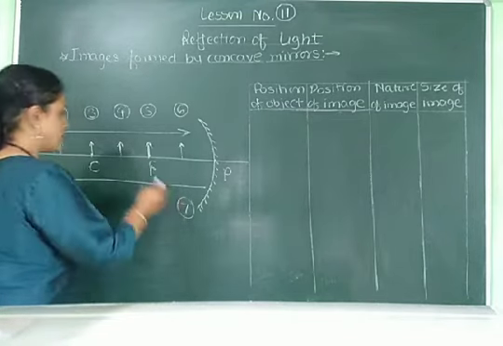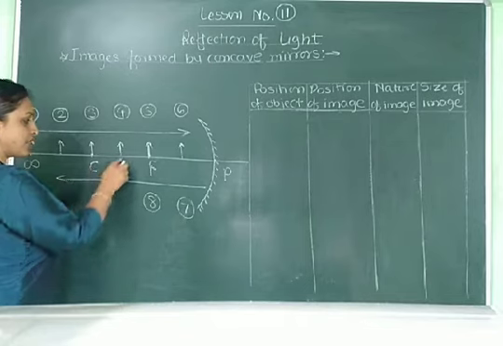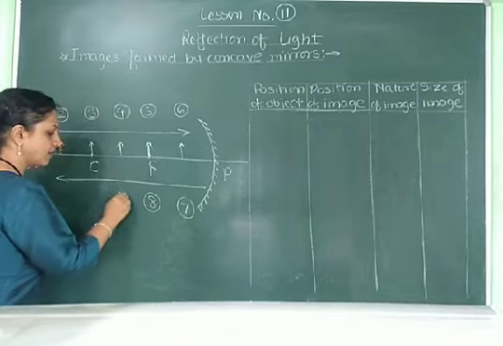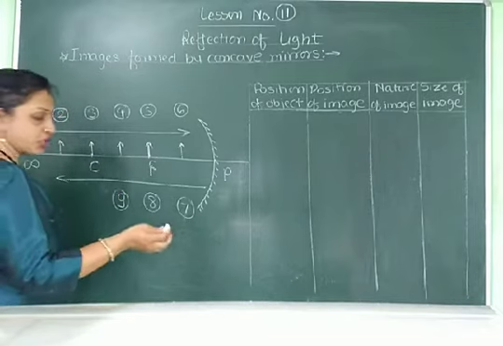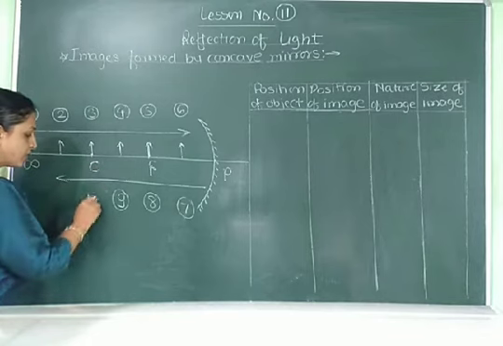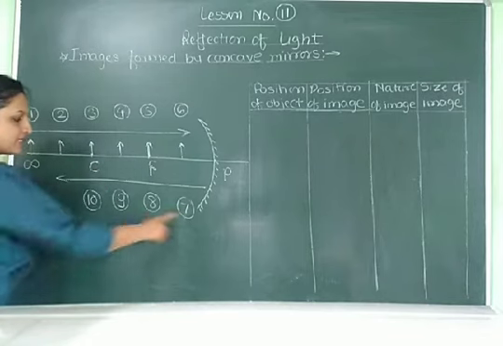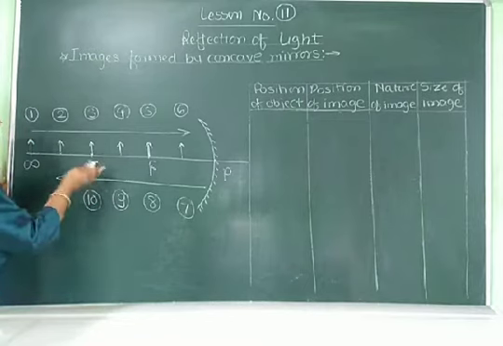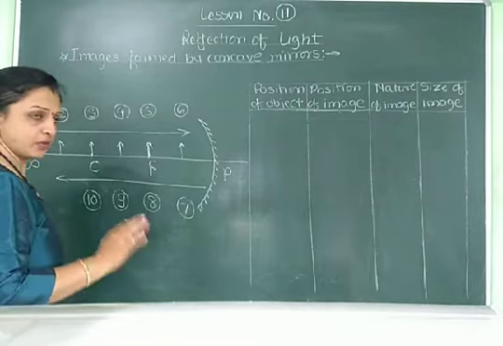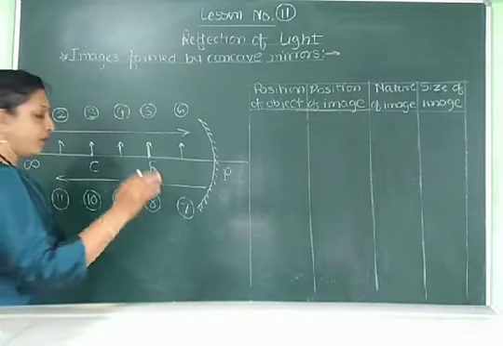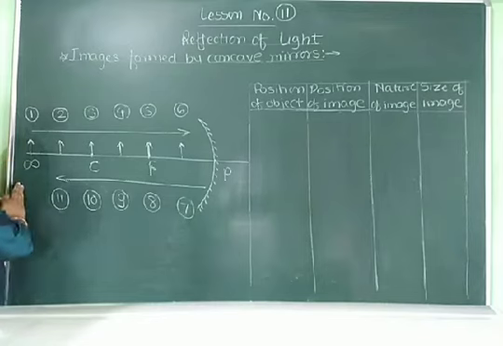Suppose if we get the image between the focus and center of curvature, means here, then that is position number 9. The next position of the image, if we get the image at center of curvature, then that is position number 10. 7, 8, 9, 10. After that, if we get the image beyond the center of curvature, then that is called position number 11. And if we get the image at infinity, then that is position number 12.